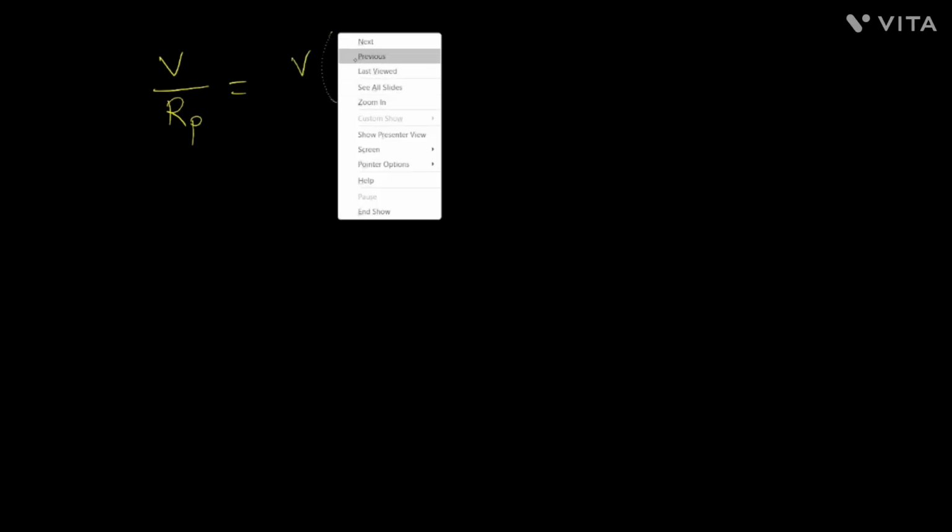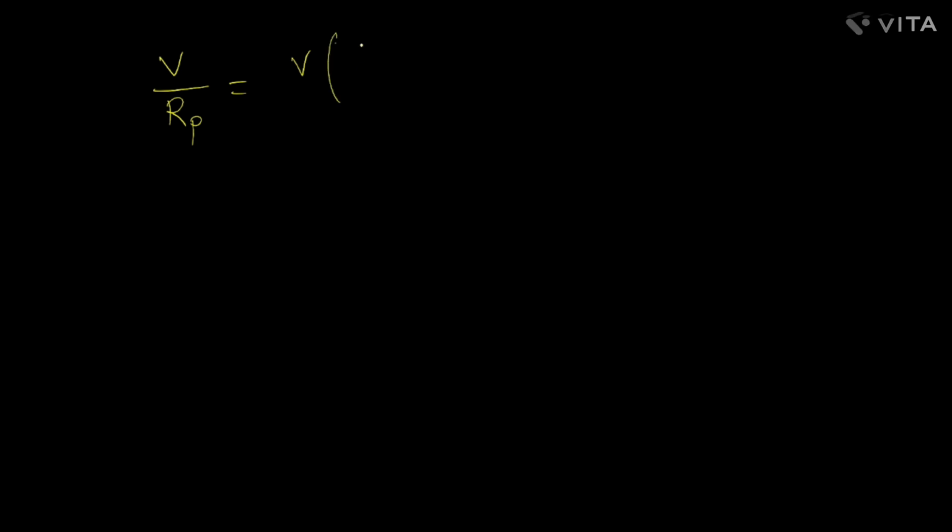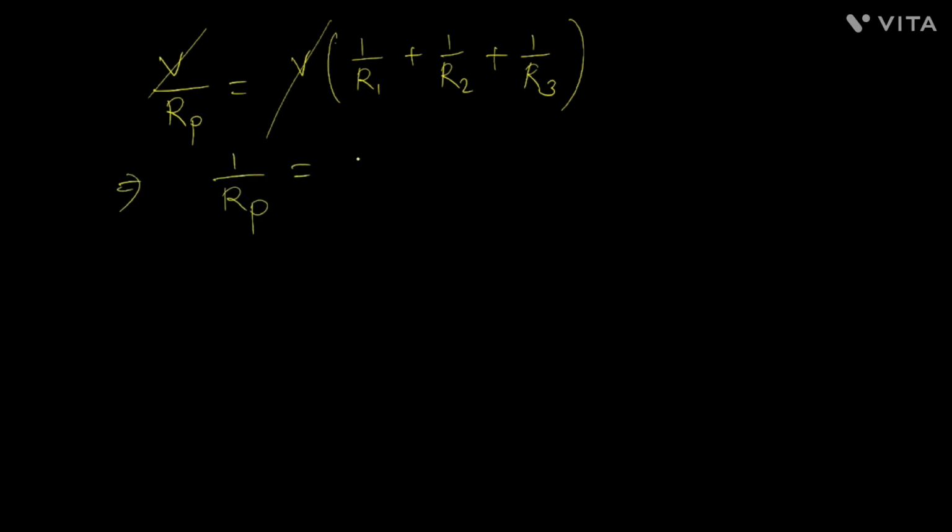Now in the next slide we will understand by taking V as common. V can be taken outside the bracket. So inside the bracket you have 1 by R1 plus 1 by R2 plus 1 by R3. So V and V both can be cancelled from both the sides. So 1 by Rp will be equal to 1 by R1 plus 1 by R2 plus 1 by R3.